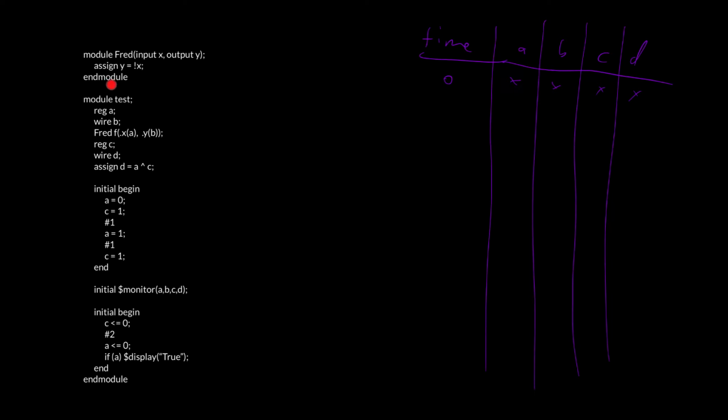We have got a module here, and intuitively we just pretend that the code in here is inserted into here. That's sort of the simplest way of doing these simulations. We've got our module test here that contains a continuous assignment.